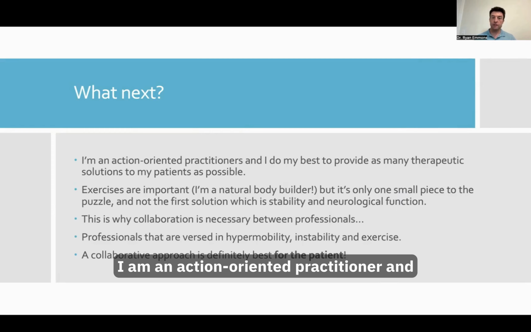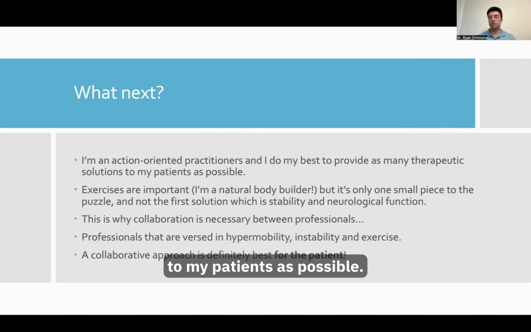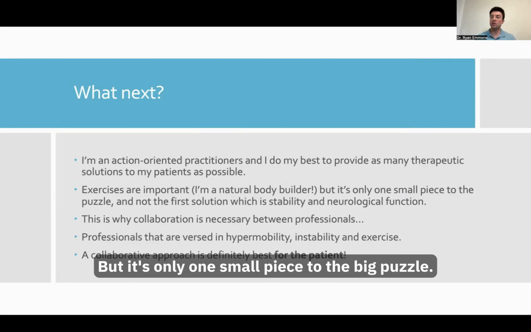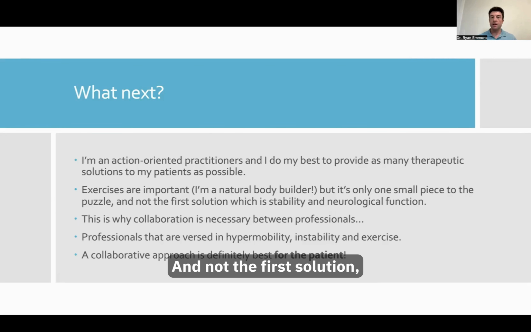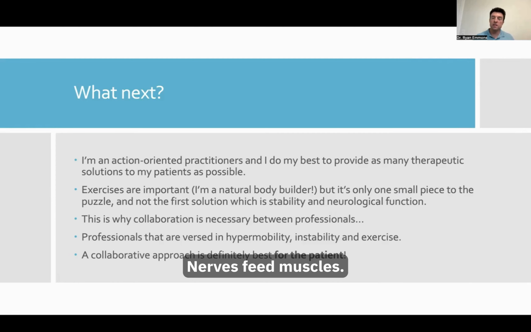I am an action-oriented practitioner. And I do my best to provide as many therapeutic solutions to my patients as possible. Exercises are important, of course. I'm a natural bodybuilder, but it's only one small piece to the big puzzle and not the first solution, which is stability and neurological function. Nerves feed muscles.